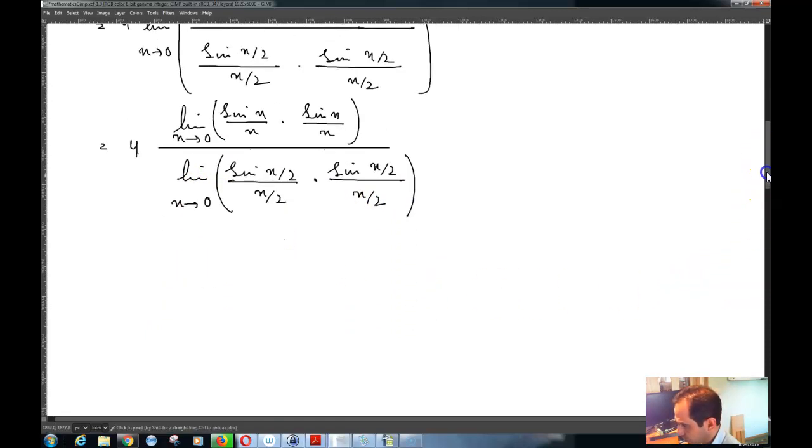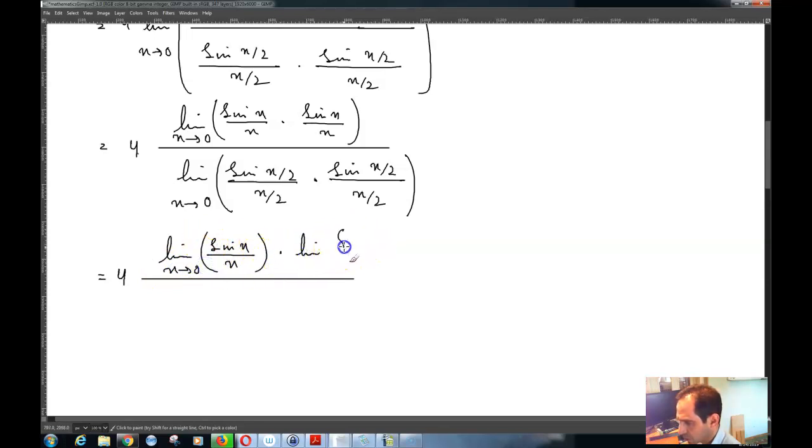And then I can write this as 4 times the limit of sine x by x as x tends to 0 times the limit of sine x by x as x tends to 0.